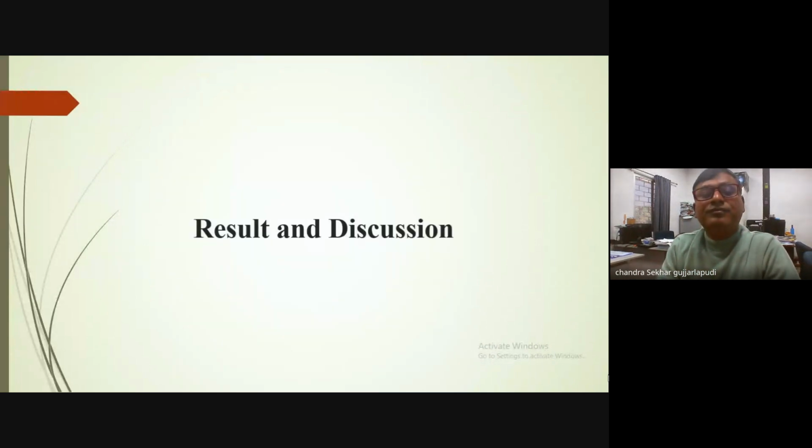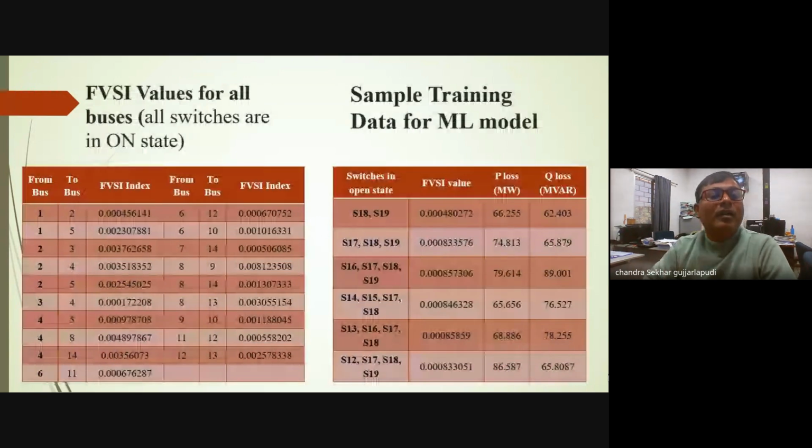Now you see, we have different SVCs at different locations. We calculated the FBSI value, the different line FBSI values, and based on those values and different switching actions, we trained the system for different FBSI.